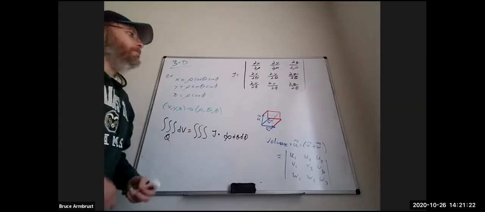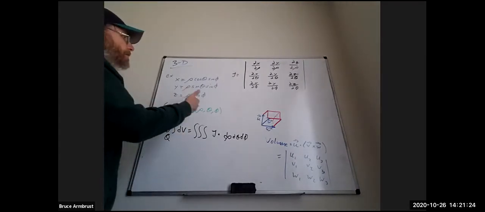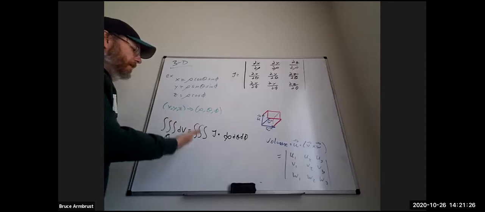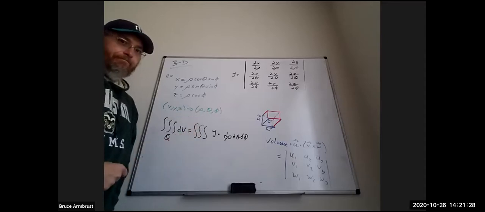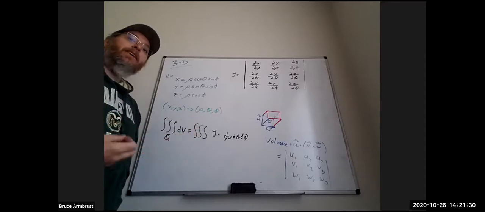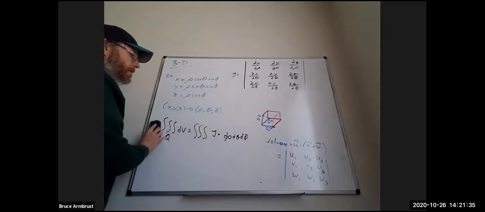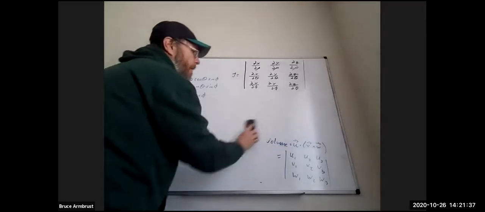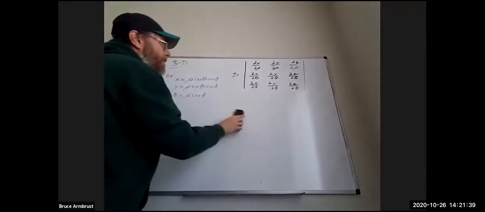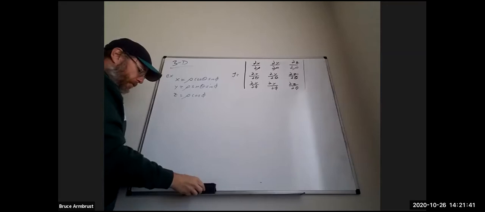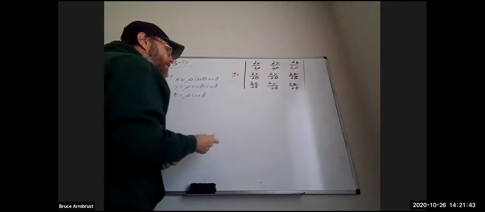All right, but let's actually play this out going into spherical. And what you're going to see is that we get rho squared sine phi. All right, so let's set this up. Let's get all these different quantities and put them into our matrix.